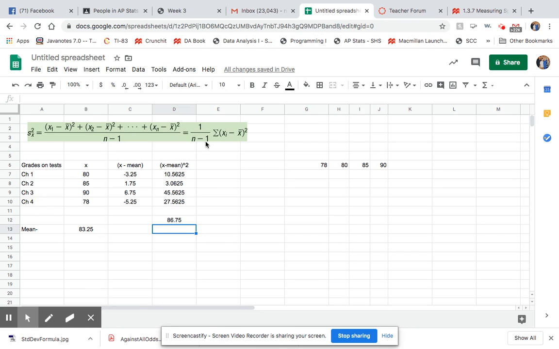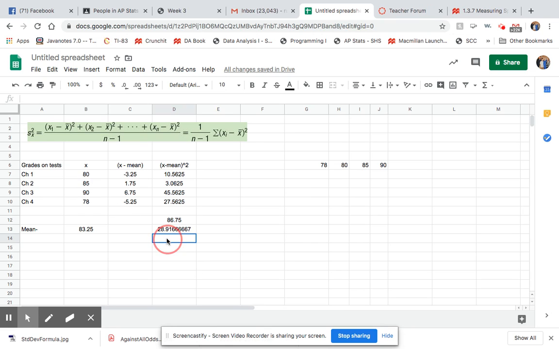Now it says I got to divide that. If I take 1 over 3 in this case, because n is equal to 4. I have 4 test grades. So 1 over 3 times that is the same as dividing by 3. So I'm just going to take that answer and divide by 3, and I get 28.91. Now that is the variance.